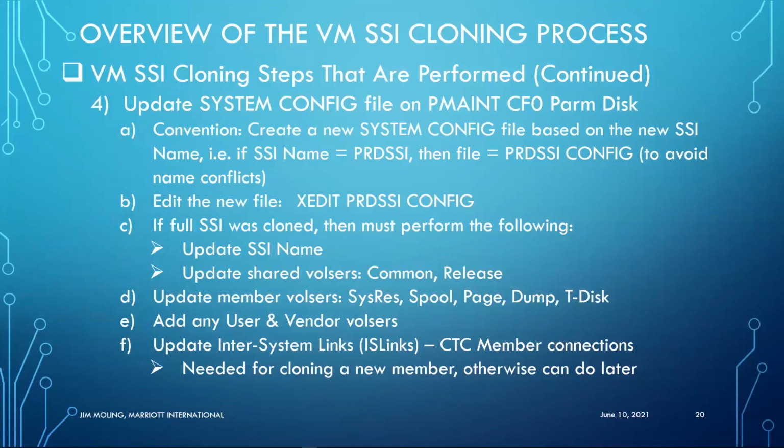So you don't really have to worry about these inter-system links, right? Only when you're going to have two or more members does that really come into play. So that's why I'm saying you need it if you're cloning a new member. Otherwise, you can do it later. But later means if you're cloning the whole SSI now with member A, before you go to do member B, it would be wise to do the work you need to figure out what CTC links you're going to use for these systems to talk to each other.